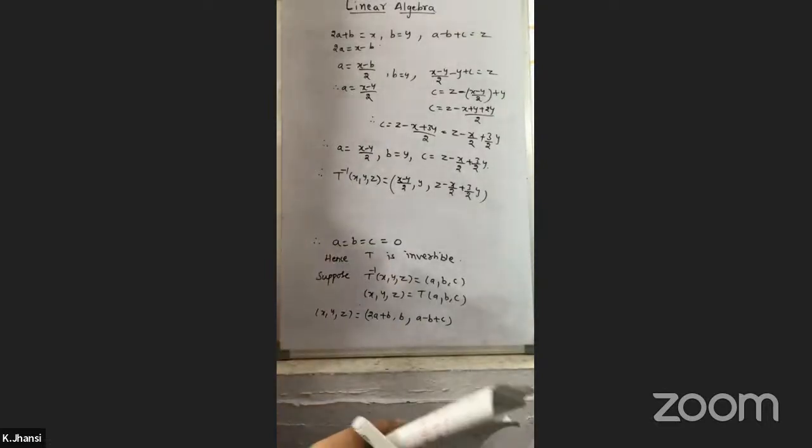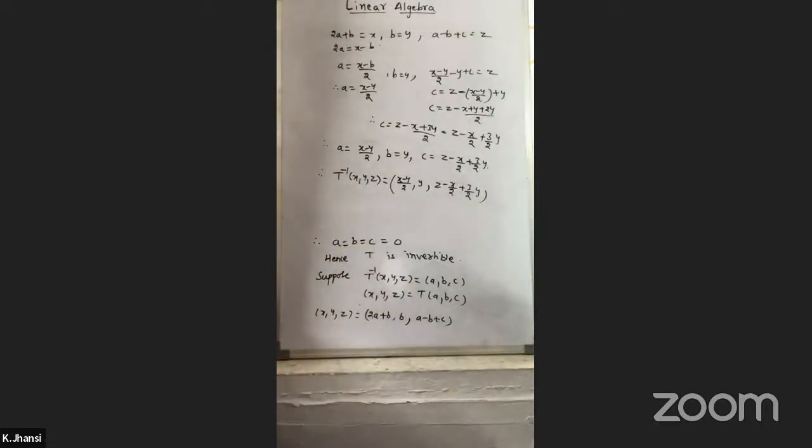The thing is, you have to check whether the given transformation is a mapping from the vector space to itself, that is R3 to R3 or R2 to R2. Then it is enough to show only whether it is a one-one function.